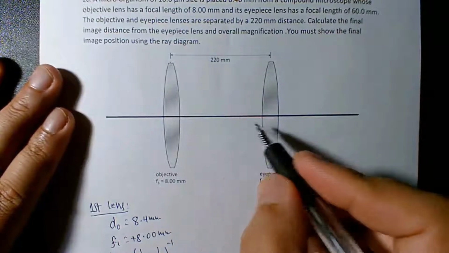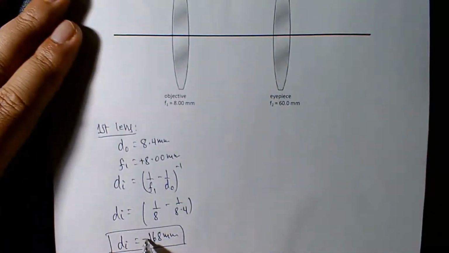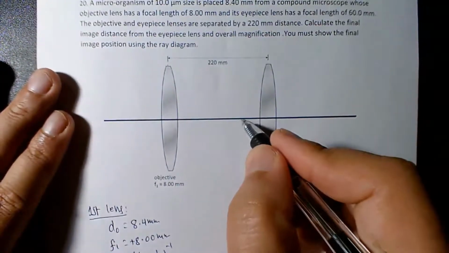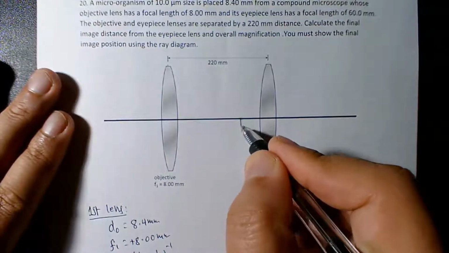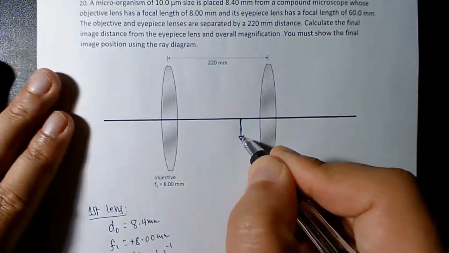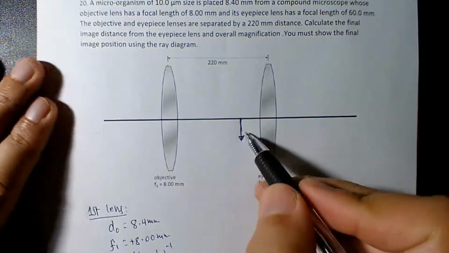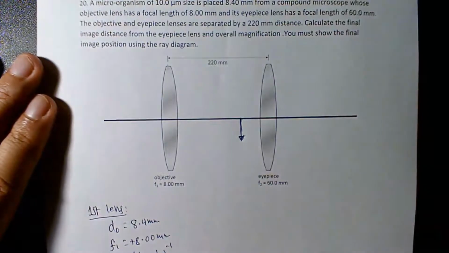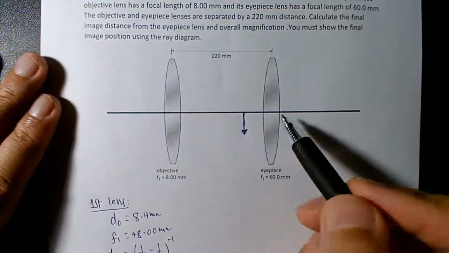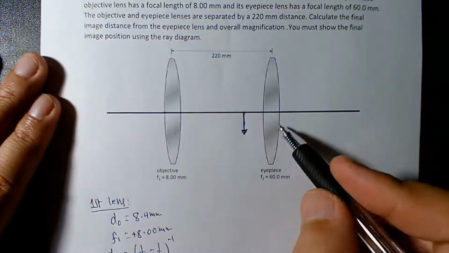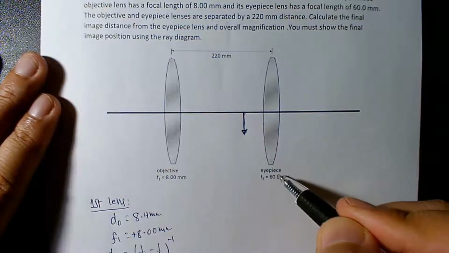The image formed by the first lens is real and inverted, so it must be somewhere here. This is the image formed by the first lens. And look at the second lens: its focal length is 60 millimeters.